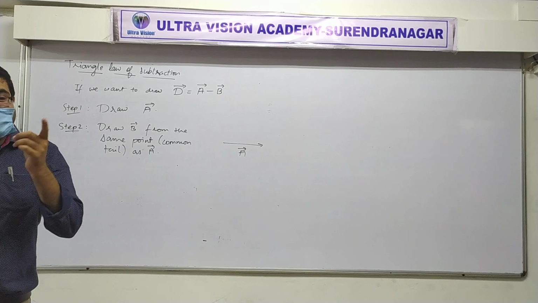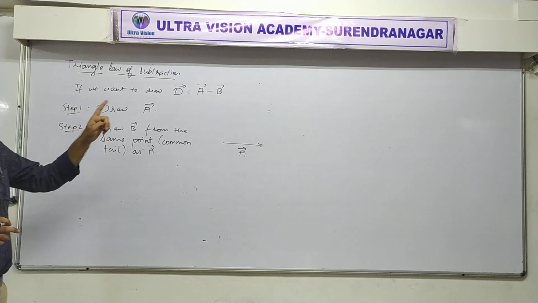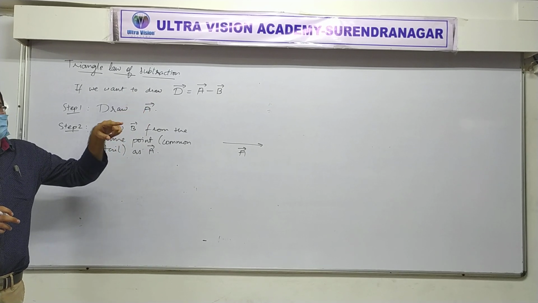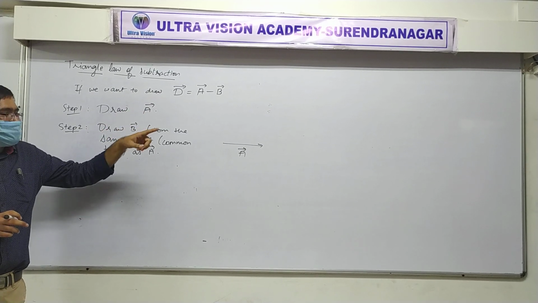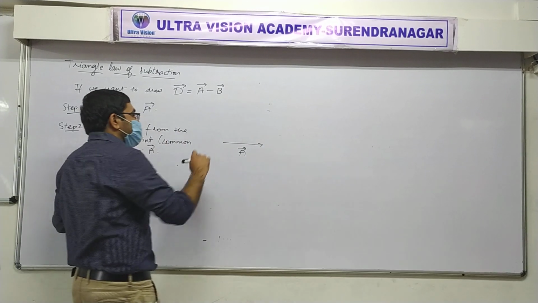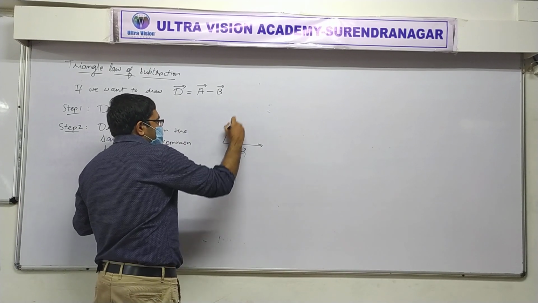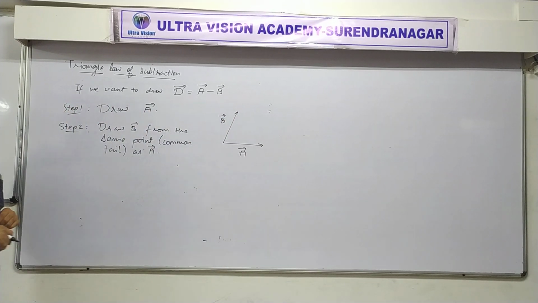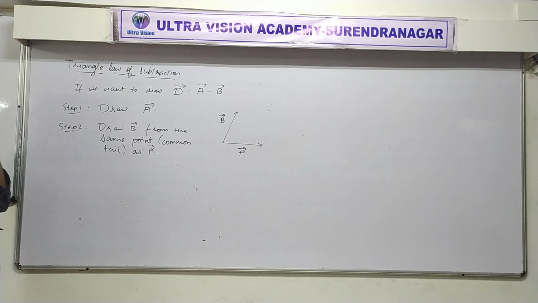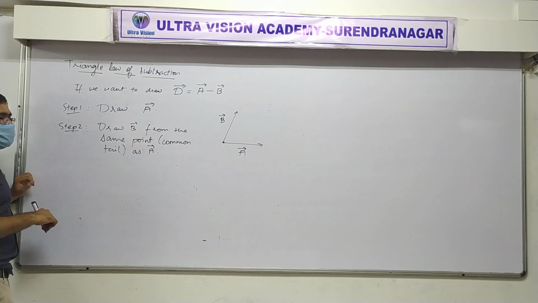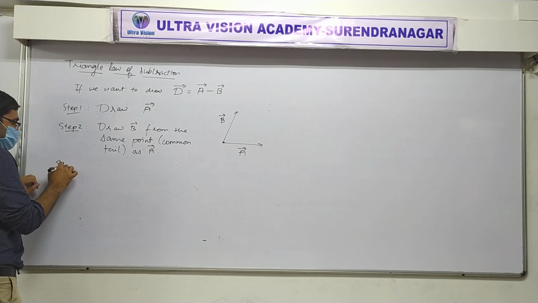From the head of the first. Wasn't it like that? Yes. Okay or not okay? But here it is from the tail, or from the same point. Okay, so be careful. So let's say that B vector is in this direction, right? Drawn from the same tail or same point as A vector.